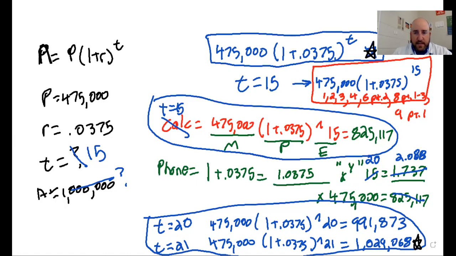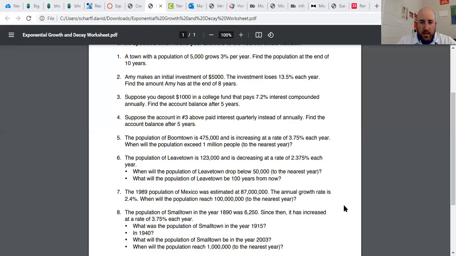Okay, and then like I said, let's stop sharing. Let's pull the worksheet back up. So again, number 5 would be like that one. The first part of number 6 would be like that one. 7 would be like that.